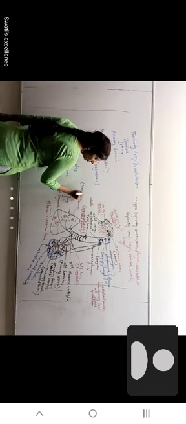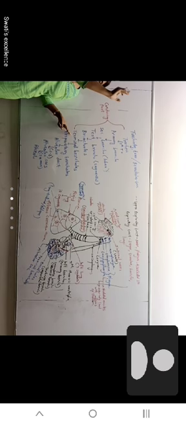So right from trachea till terminal bronchioles, it is called as conducting part of the respiratory tract. What is it? Means right from trachea till the terminal bronchiole, the gases are only either taken in or given out.